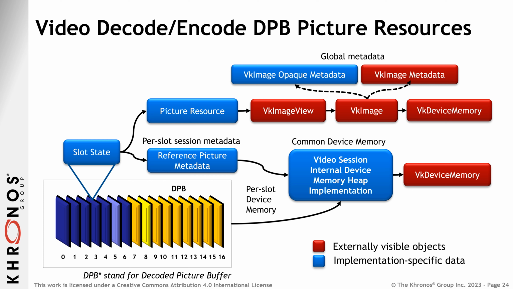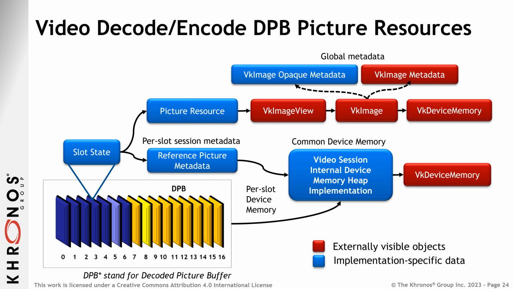When creating image resources for picture references, the application is required to indicate its intended use with the VK_IMAGE_USAGE_VIDEO_DECODE_DPB and/or VK_IMAGE_USAGE_VIDEO_ENCODE_DPB image usage flags. This allows the application to set up the image for use as a reference and potentially associate implementation-specific video session-dependent metadata. Applications are also free to associate any state with such picture references.